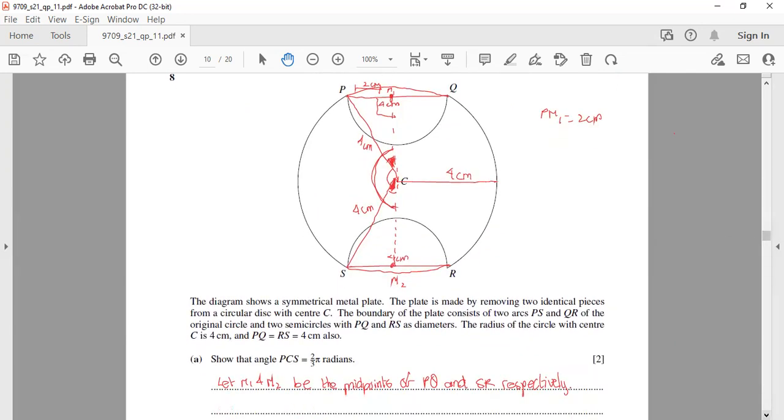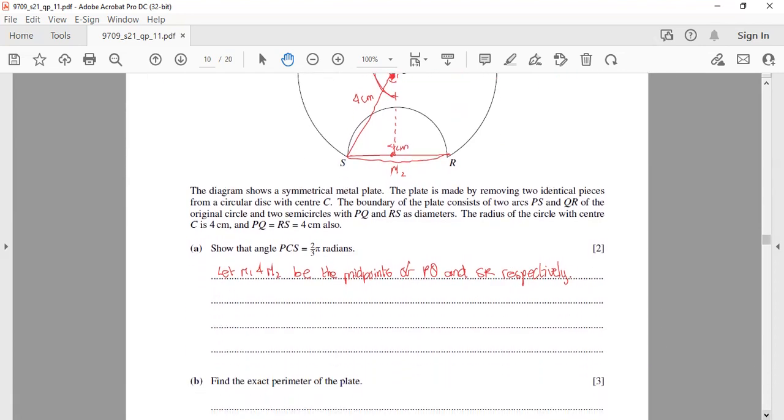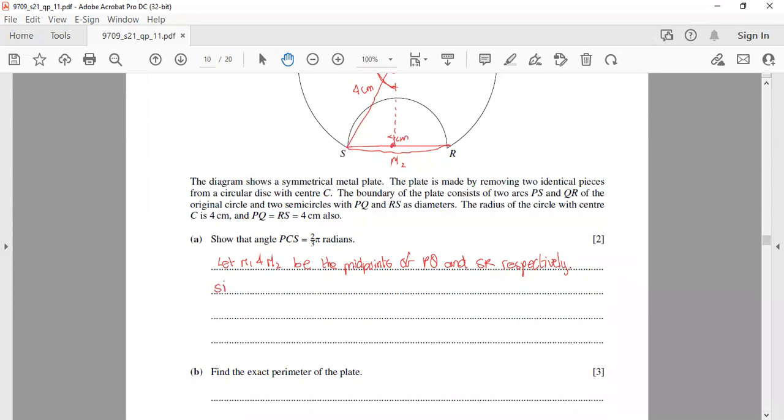So we can use sine of PCM1 is equal to 2, this side, upon 4, the hypotenuse. So sine of PCM1 is equal to 2 over 4. This implies that PCM1 is equal to sine inverse of 1/2, which is pi by 6.